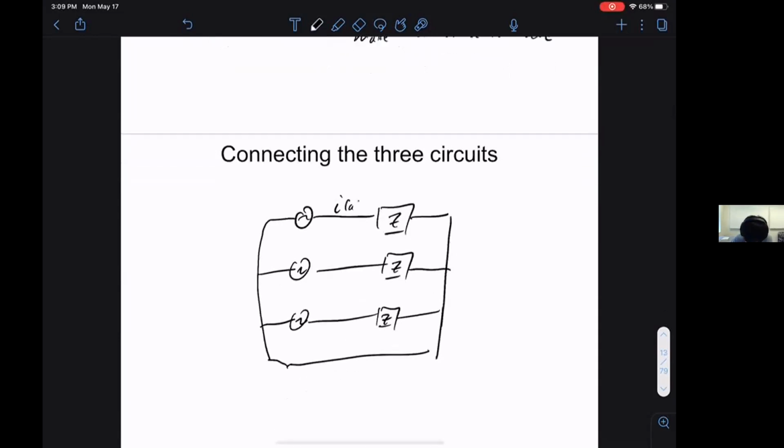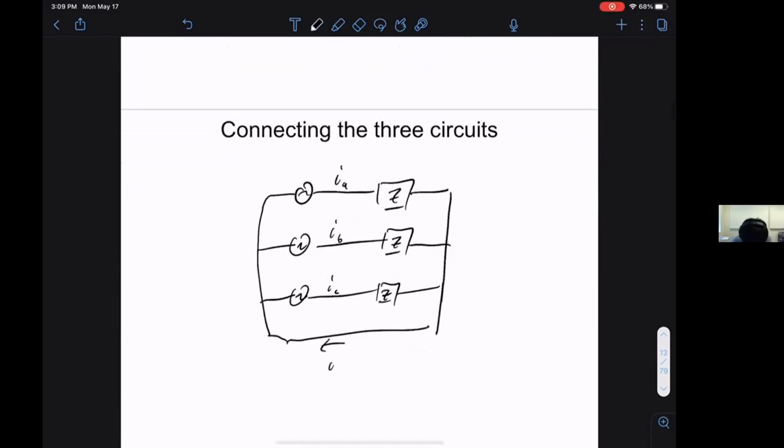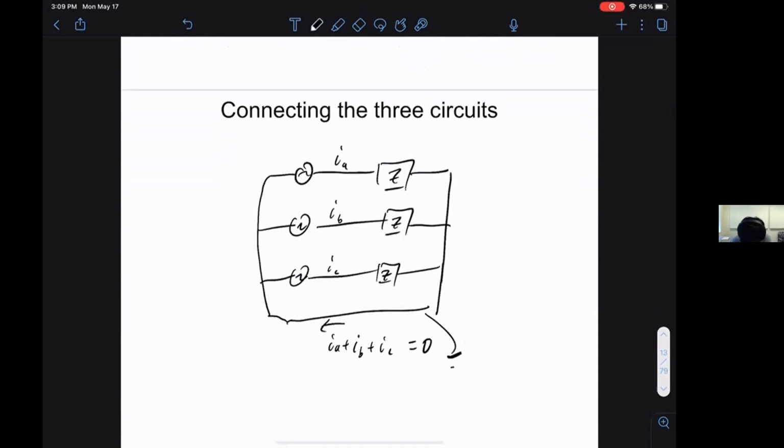This has IA, IB, IC, and here I have IA plus IB plus IC equal to 0. So I can turn this thing into a ground, since it just has 0 current.